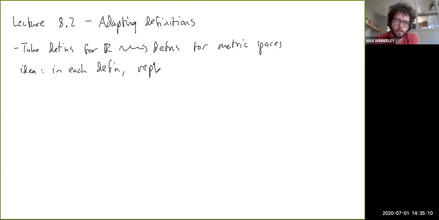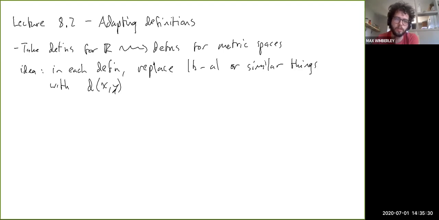In each definition, replace instances of B minus A, or similar things, with the distance function for our metric space, right?